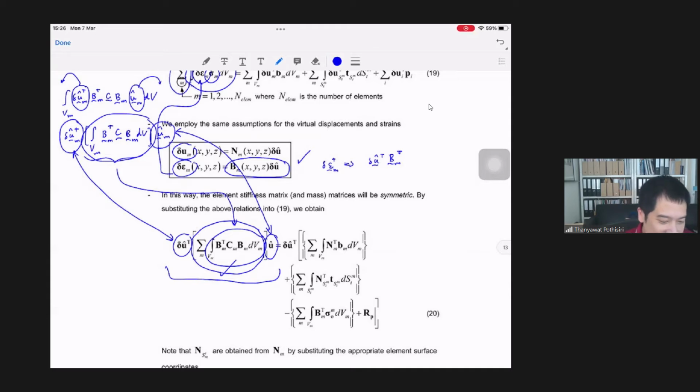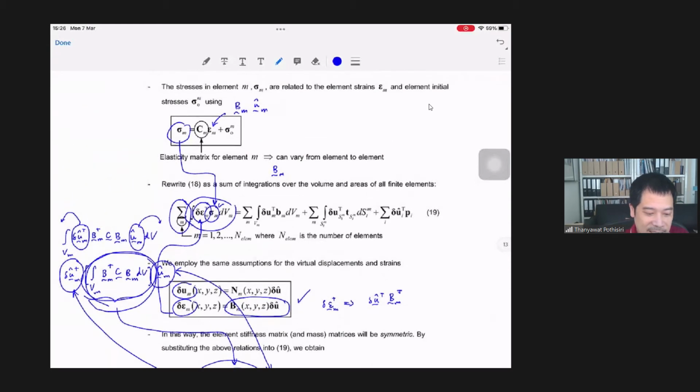So again, where did this term come from? It comes from the internal virtual work, right? Because it's a product between virtual strain and stress. Okay, and you compute that for each of the elements first. Now, the left-hand side is the internal virtual work term. On the right-hand side, you would have the external virtual work terms, right?